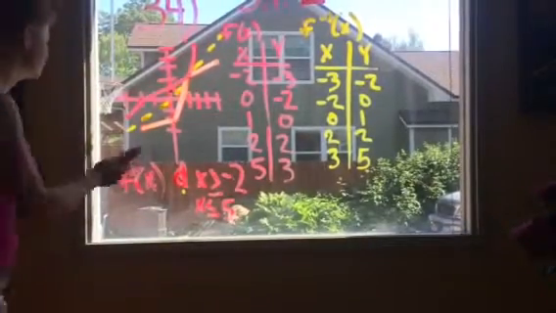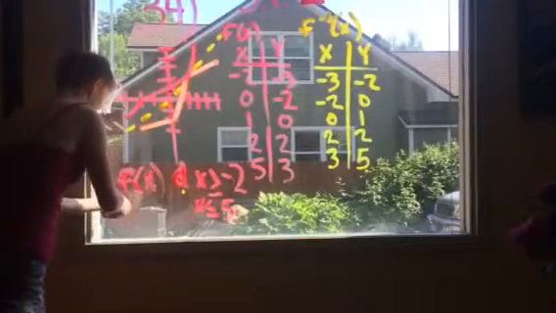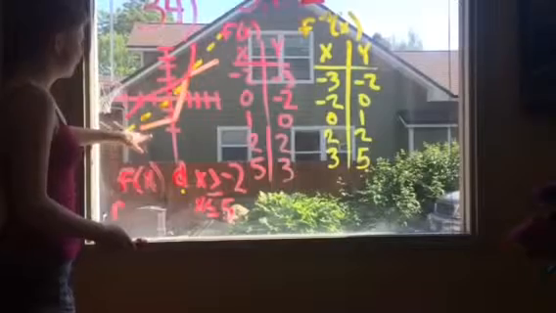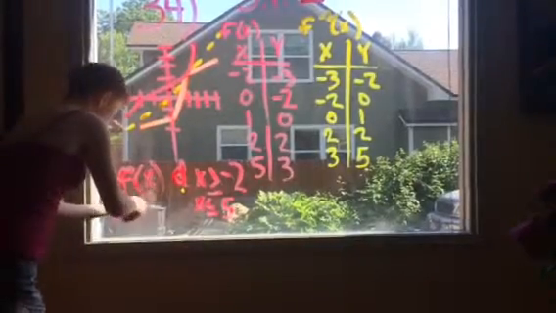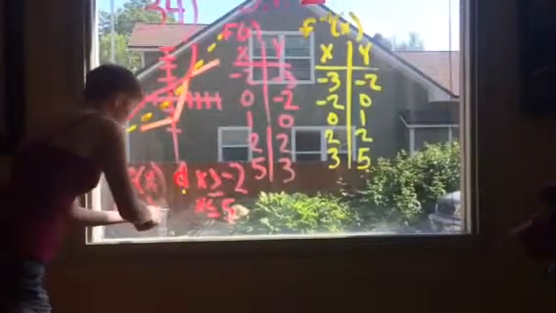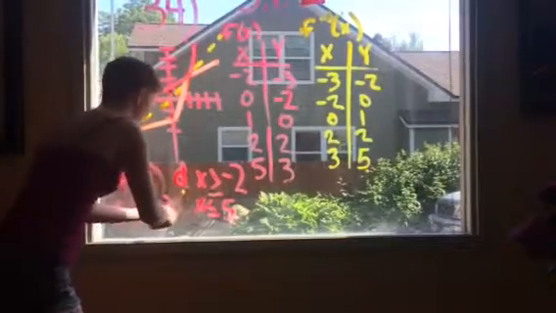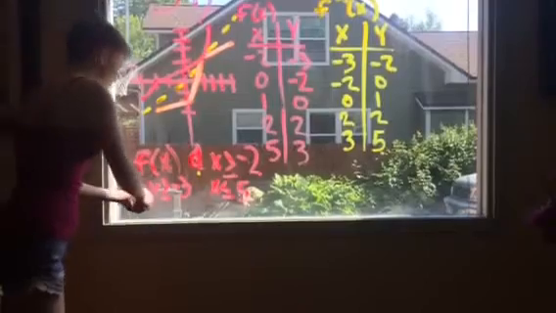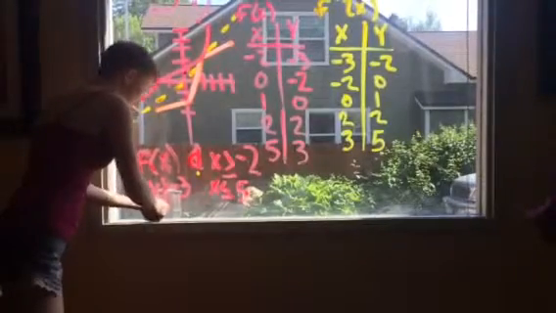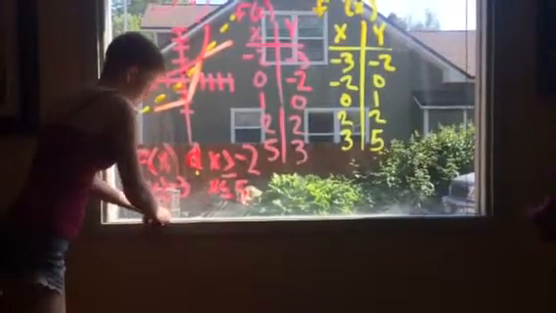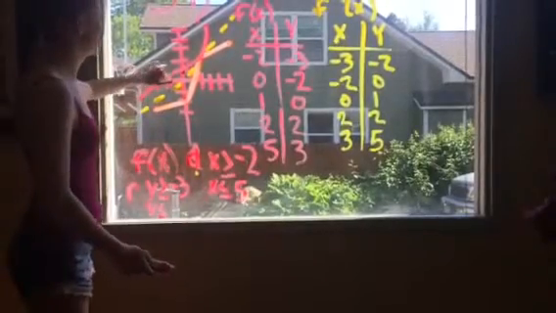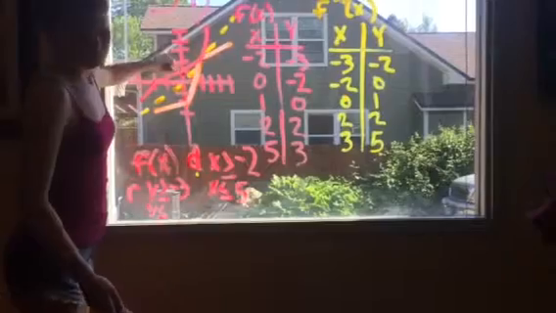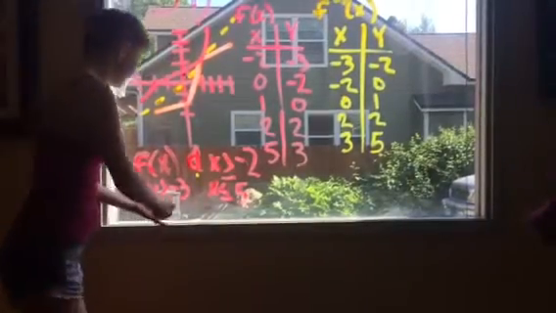And then the range: y has to be greater than or equal to -3, because -3 is the farthest down it goes, and y has to be less than or equal to +3.